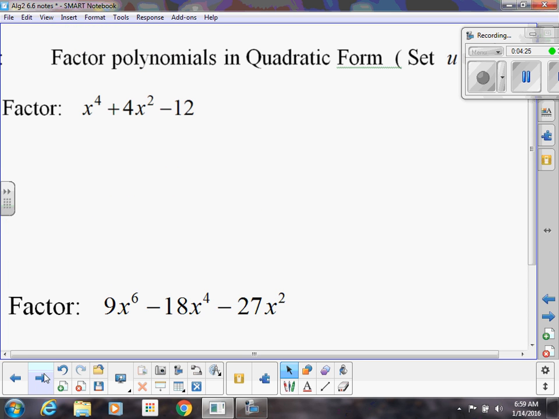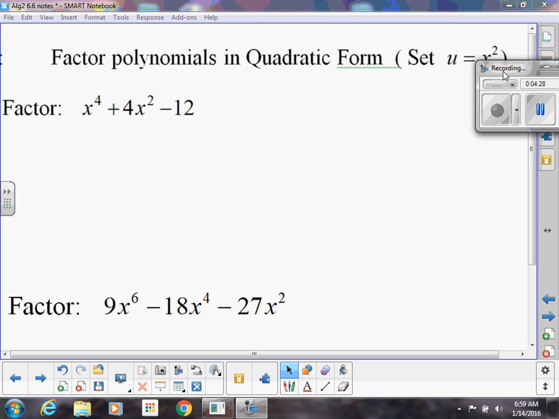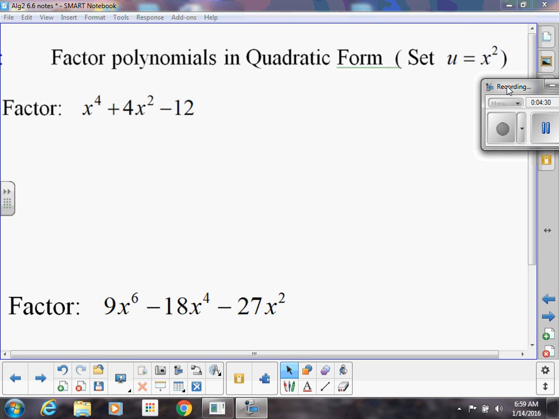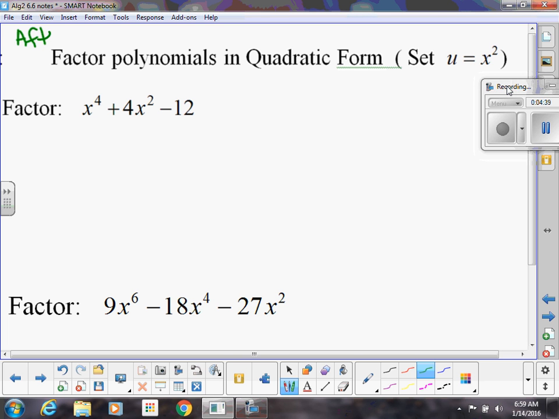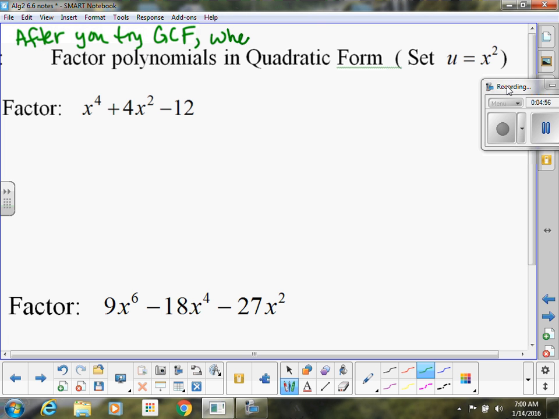Okay, a new kind of factoring that I want to show you is called U substitution. It's when we set u equal to x squared, and this is very useful. After you've checked for the greatest common factor, use this when you want to factor anything with an x to the 4th power.